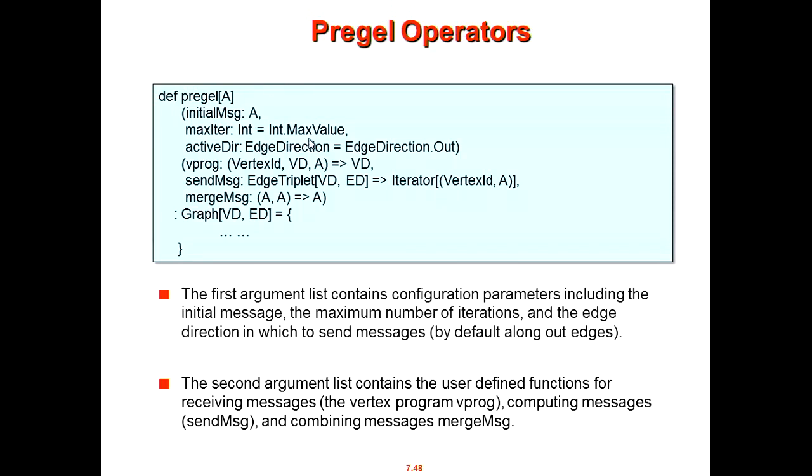By default it's a max value, because normally we don't need this. And next is the active direction. It tells Pregel how to send the messages. By default, it's based on the outgoing neighbors, so EdgeDirection.Out, but you can also base it on the in direction, so EdgeDirection.In.